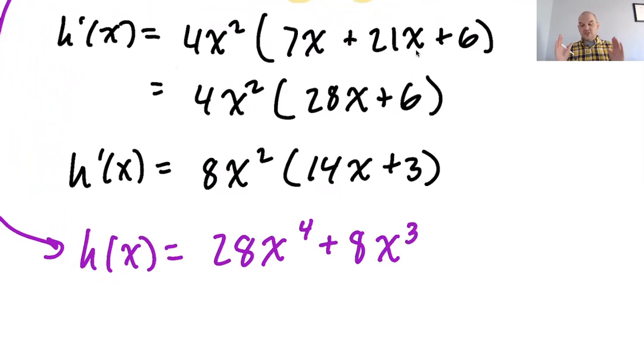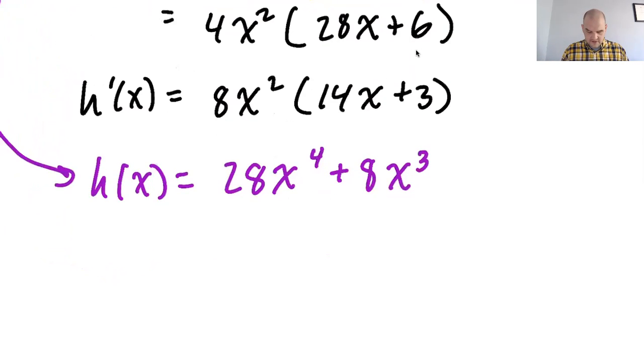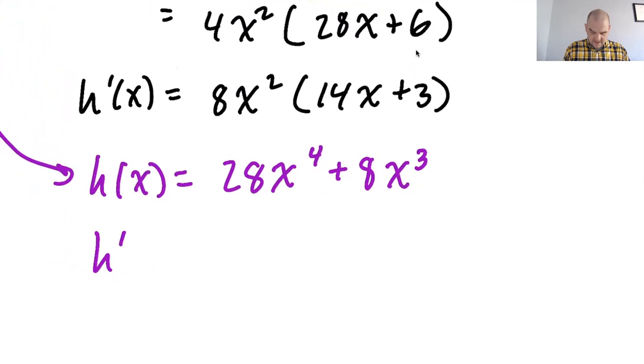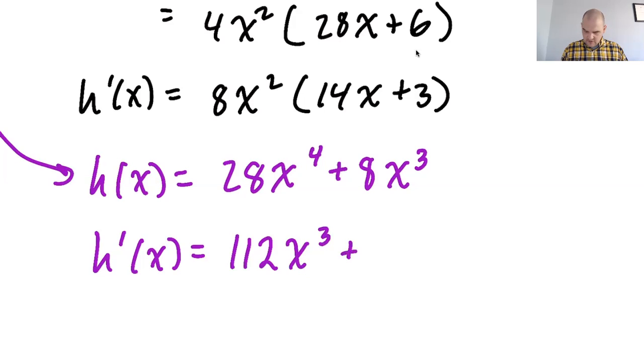And then I could have just used the power rule on this, right? So if this is the case, then h prime of x would have been 4 times 28, that's 112, x cubed plus 24x squared.